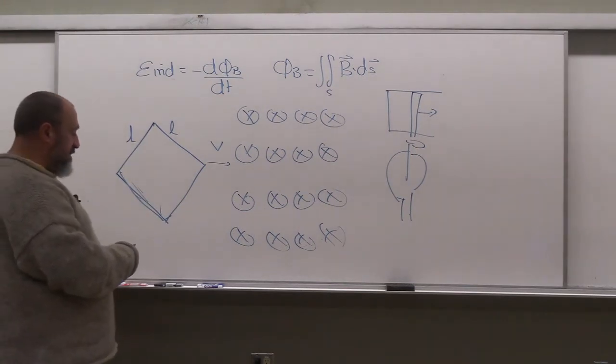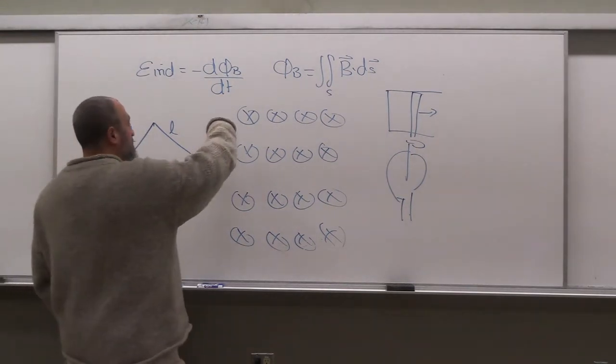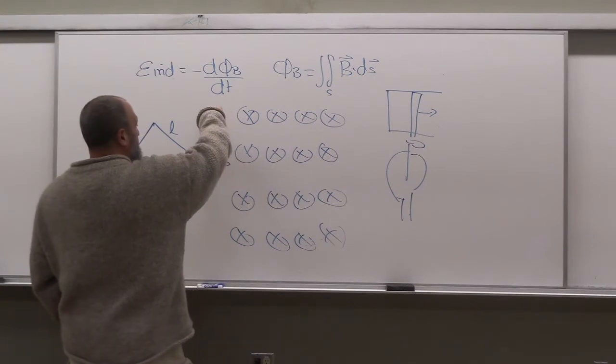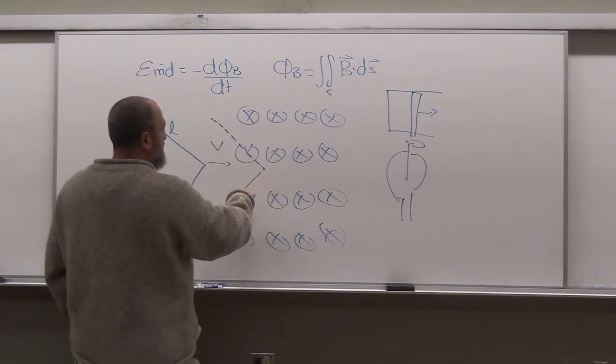So this is a very interesting problem. Now let's say we have the loop like this, and the loop has entered the field a little bit.